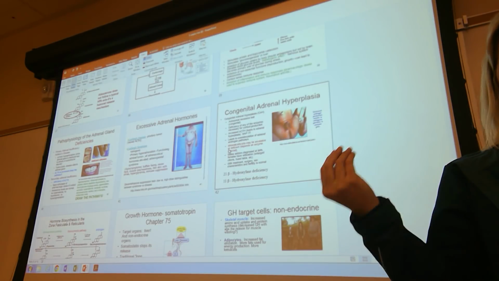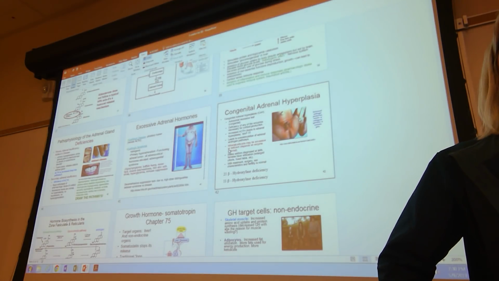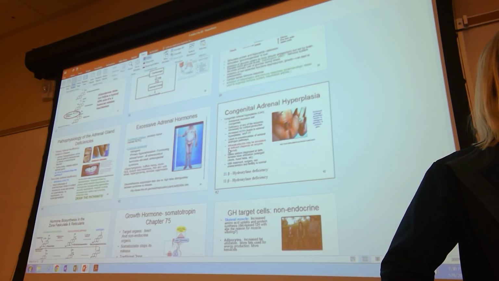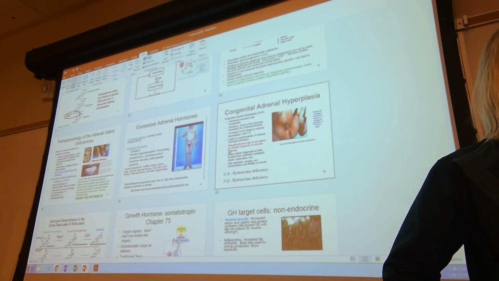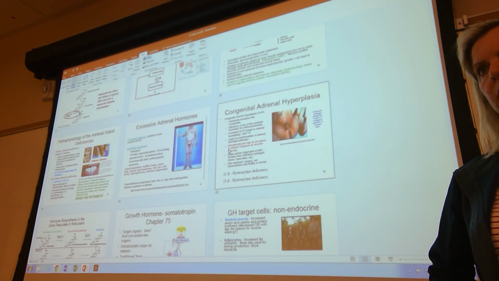If they are removed from that pill too quickly, they can go into an Addisonian crisis. That's life-threatening. So I think you should review those two problems of the adrenal cortex.